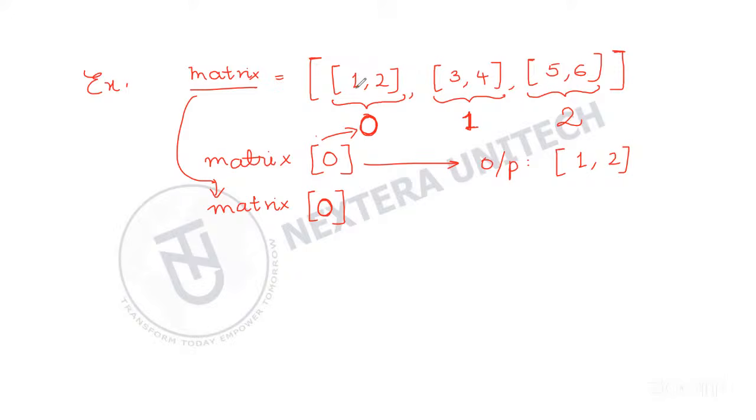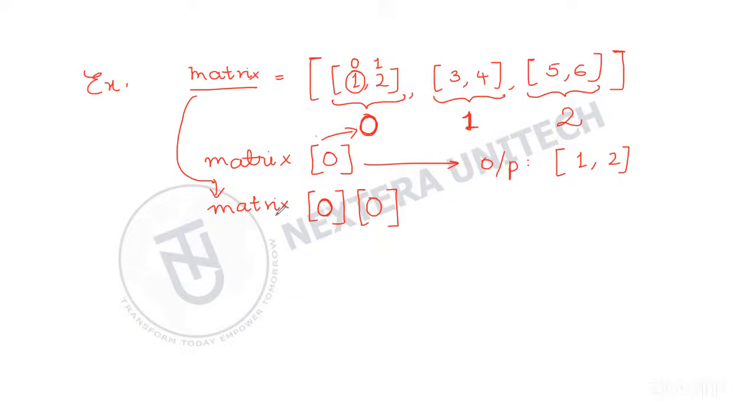And let's say I want to access 1 inside of this list. So I should give one more index, that is the inner index. Inside of this list, we should again be giving indexes. Here the first element is index 0 and the second element is 1. So I should give 0 and 0.